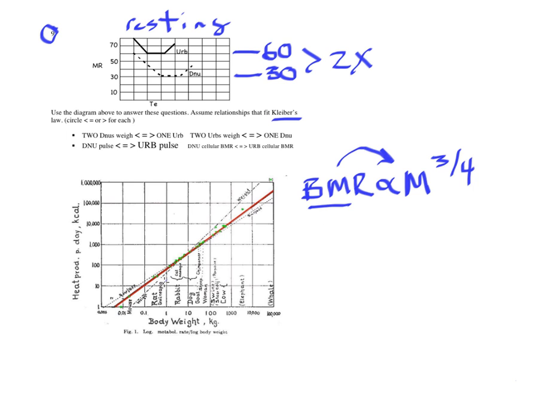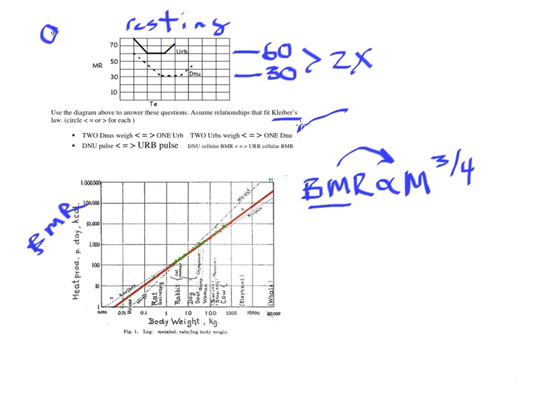And you can see, even if you can't figure it out just from this proportionality, that as mass increases, so does basal metabolic rate. So that the larger the metabolic rate, that indicates a larger mass. And clearly the Urb has the larger metabolic rate than the Dnu. Therefore, the Urb is the bigger animal.